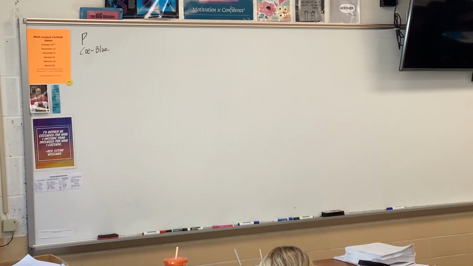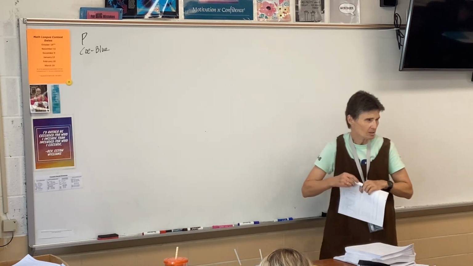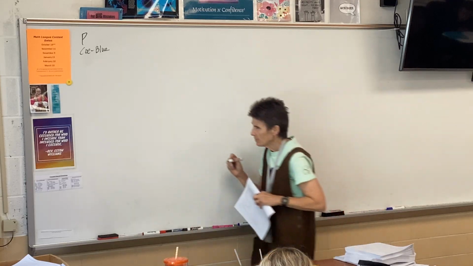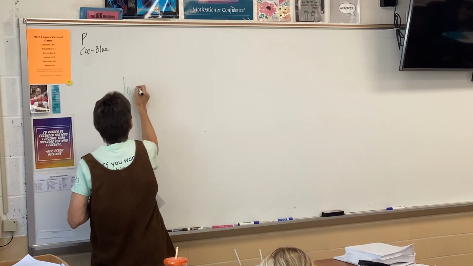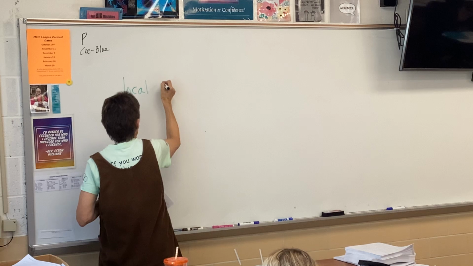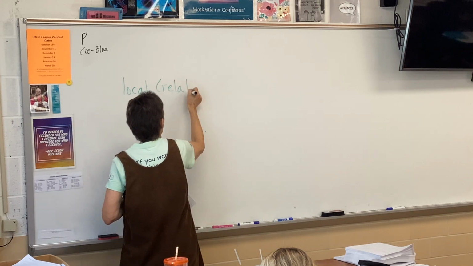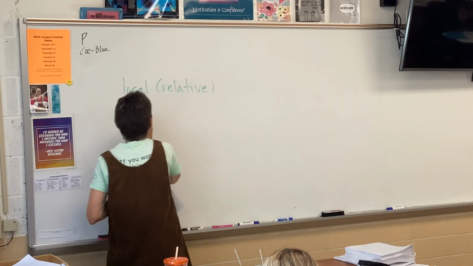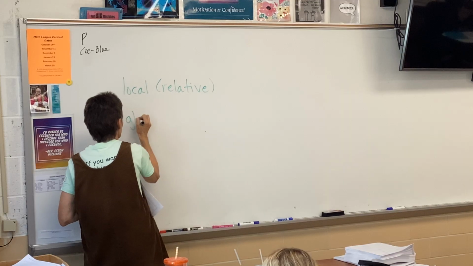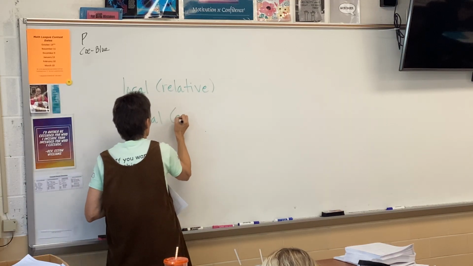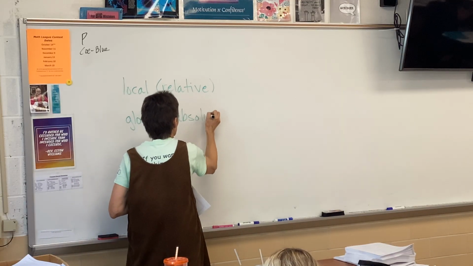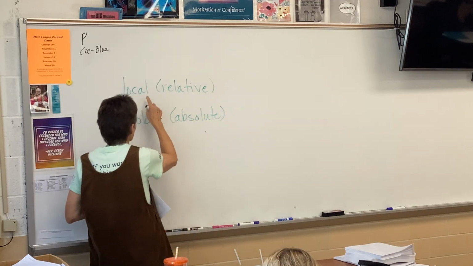There are actually 4 types of extrema. There are local, sometimes called relative. Have we talked about this already? No? Okay, so we have local or relative. And then we have global or absolute. Okay, so these mean the same thing.